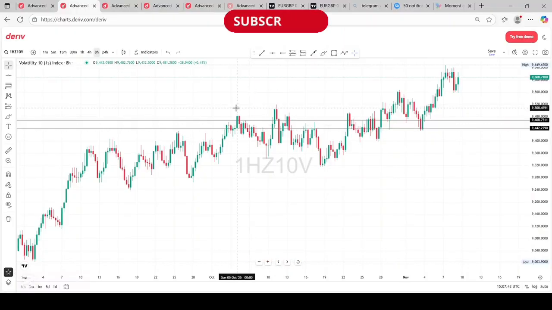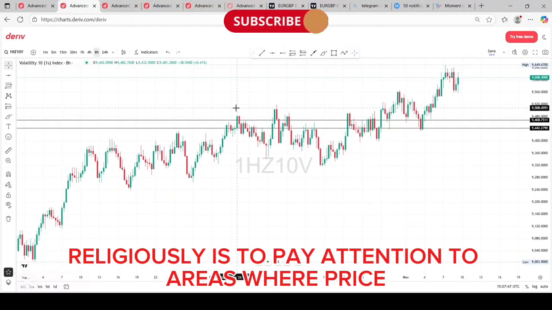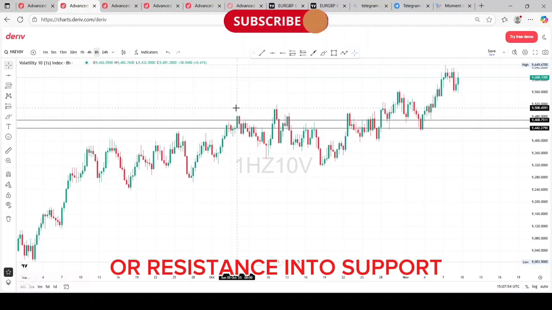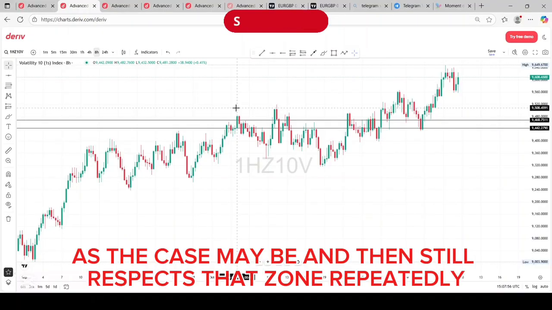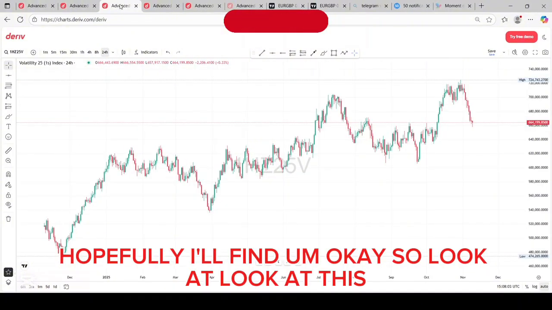Okay. So another rule I follow religiously is to pay attention to areas where price has turned support into resistance or resistance into support, as the case may be, and then still respect that zone repeatedly. Okay, so look at this.